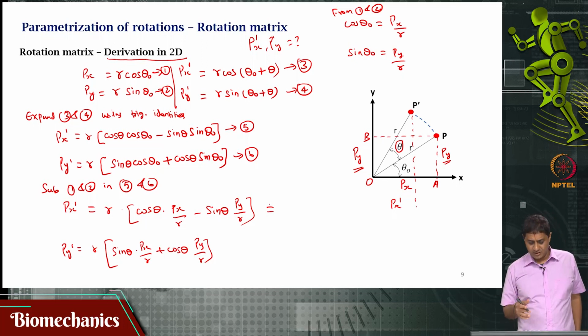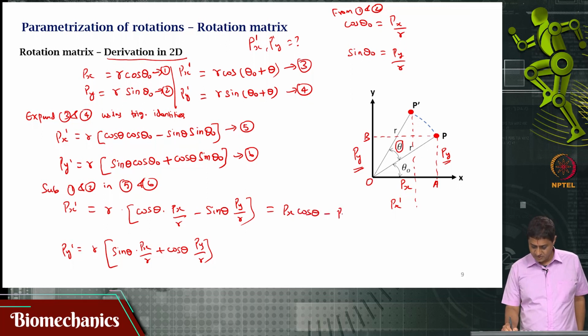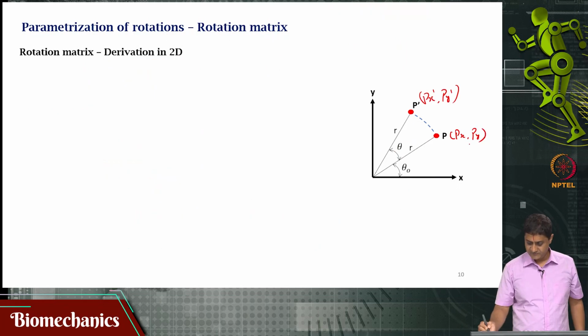I am cancelling r and simplifying this a little bit after some algebra. What does this become? This becomes Px cos theta minus Py sin theta, and this becomes Px sin theta plus Py cos theta.